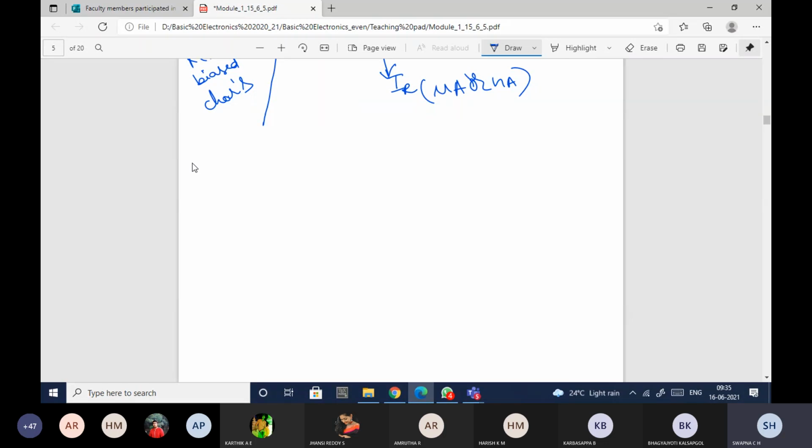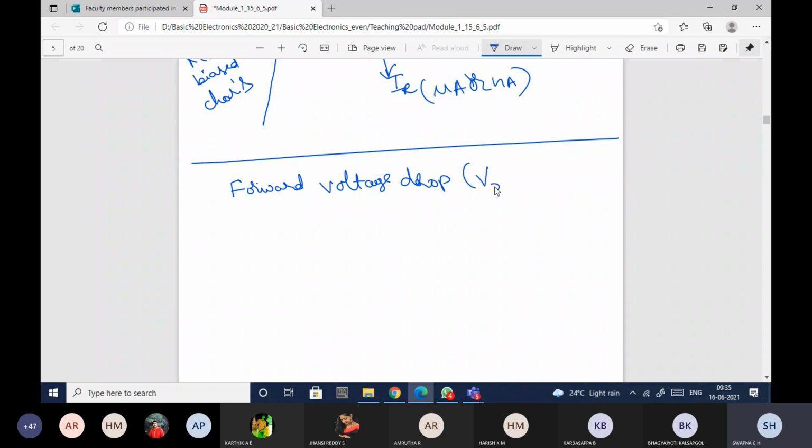As I've already mentioned the parameters. What are the parameters you have? Forward voltage drop, V gamma. Okay, this I've already explained.